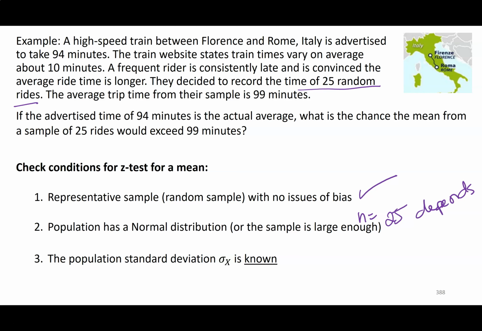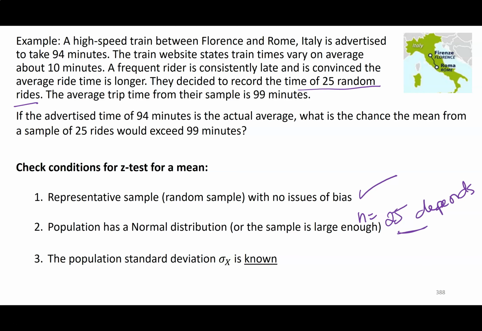But it's worth noting that if we do have very skewed data, this will matter. The easiest way would be to make a histogram of the 25 train times. If that's roughly symmetric or roughly normally shaped, 25 will definitely be enough. But if it's not, you're going to need more than 25.